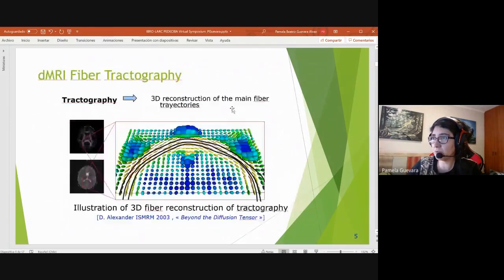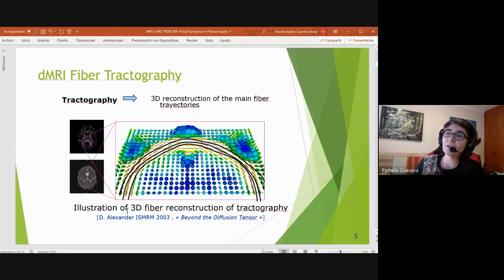So here is an example of deterministic tractography, where you put one or more seeds in any voxel of the white matter, but you reconstruct the main pathway. You follow the main diffusion direction. So this is deterministic.